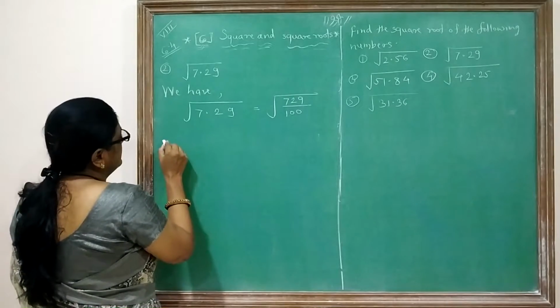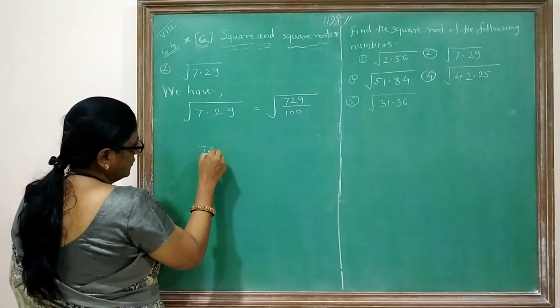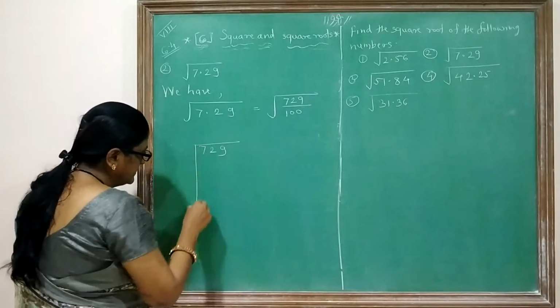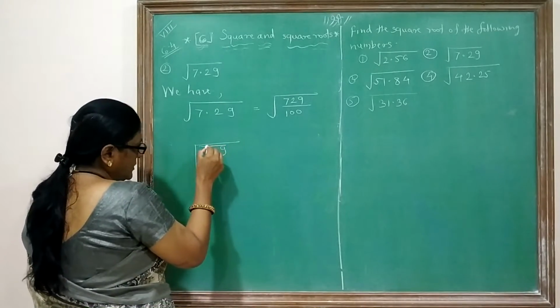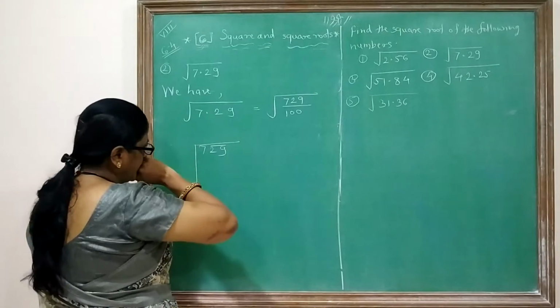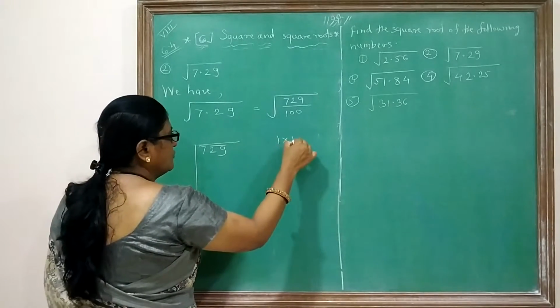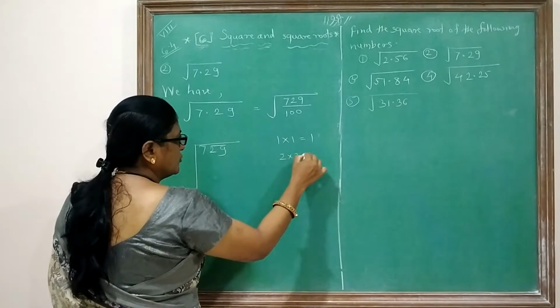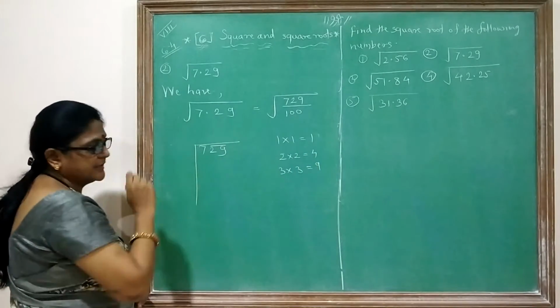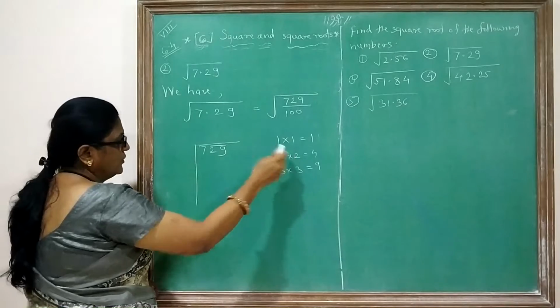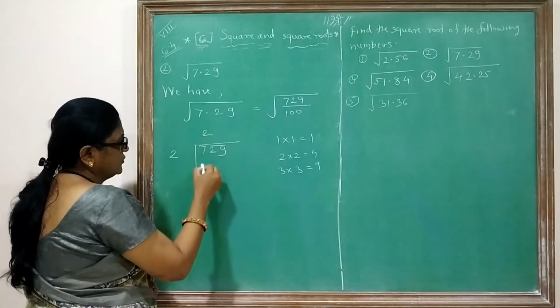Then make the division method. Here 2 pairs are taken. Then 1 into 1 is 1, 2 into 2 is 4, 3 into 3 is 9. But 9 is greater than 7. Then 2 into 2 is 4.